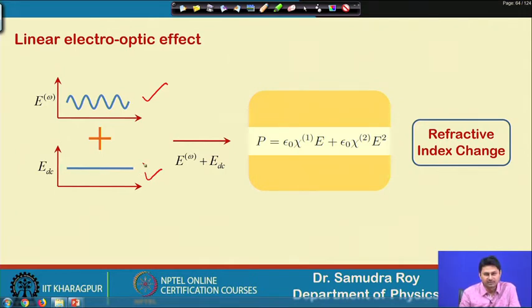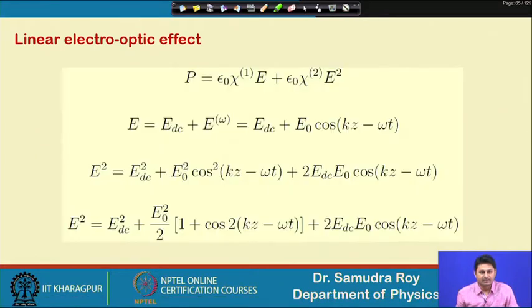The total electric field is this plus the DC, and if it goes through the system where the polarization is represented by this term, then the outcome is a refractive index change. This is a schematic representation of what is going on in the electro-optic effect, so that you can readily understand the process. As I mentioned, now we need to understand this mathematically.